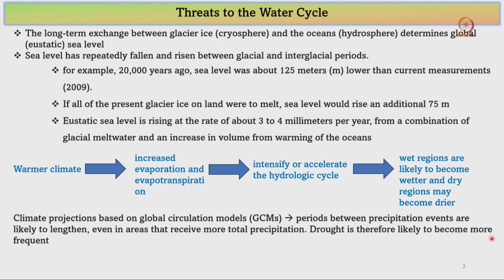So, this balance maintains the global sea level. People who are from an earth science background must be knowing that we have something we call the Milankovitch cycle. Okay. Now, what is the Milankovitch cycle? It can be broken down into 3 cycles. One is the obliquity of the earth.